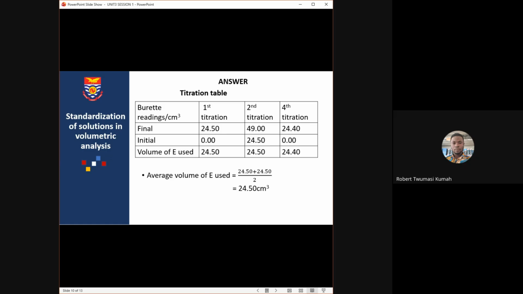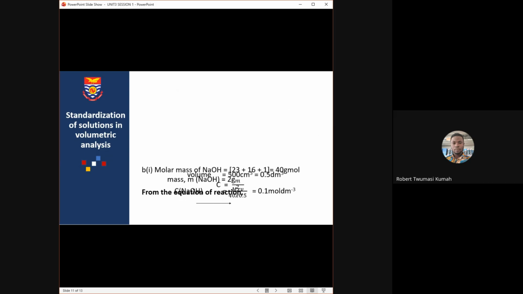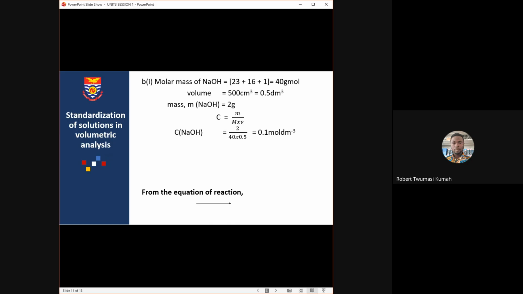All right, so this is our average volume of E used. Okay, then they said that we should perform some calculations. So let's see. First of all, we had a standard, we had a titrant, and the concentration of the titrant was known.